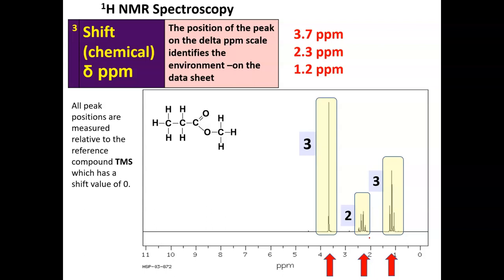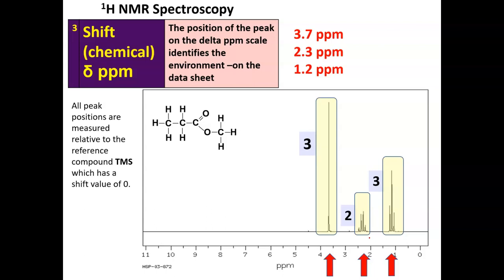Now, remember, the same principle applies as applied to the carbon spectrum, and this is the upfield downfield principle. The closer your protons are to an electronegative atom, the further downfield, that's to the left, at a higher shift value, you'll find them.